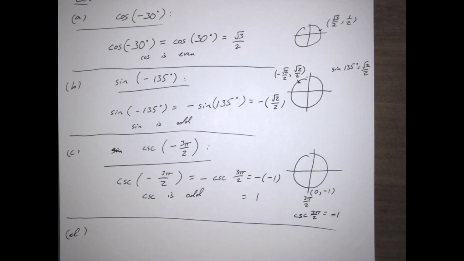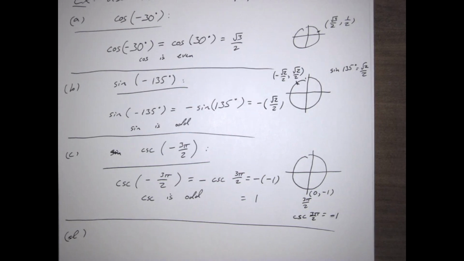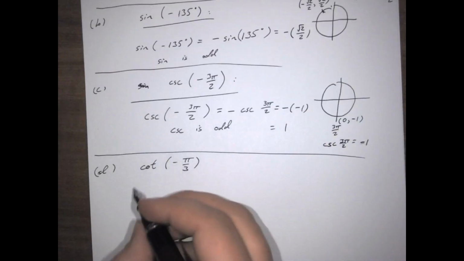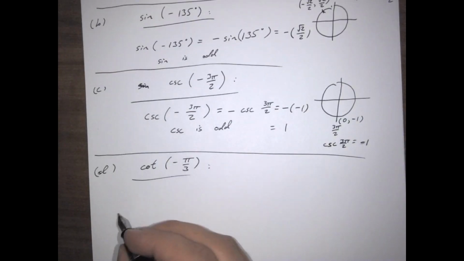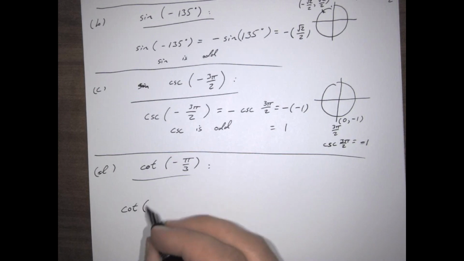All right, let's just have one more, and then we'll call it good. How about the cotangent of negative pi over 3. All right, so first off, we have to ask ourselves what cotangent is.